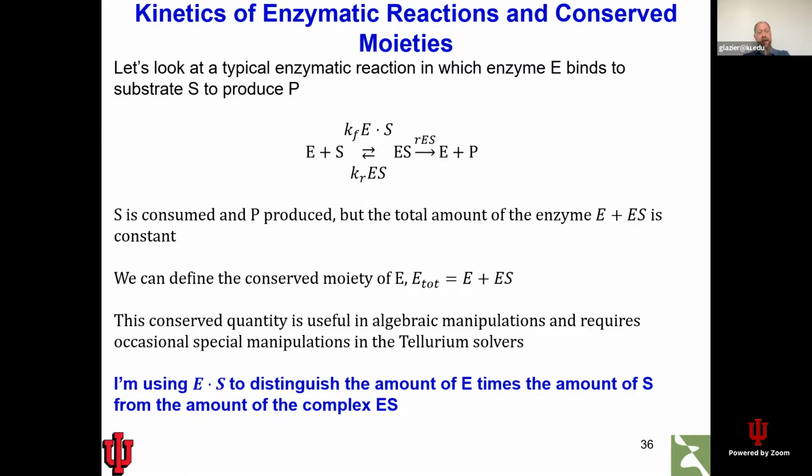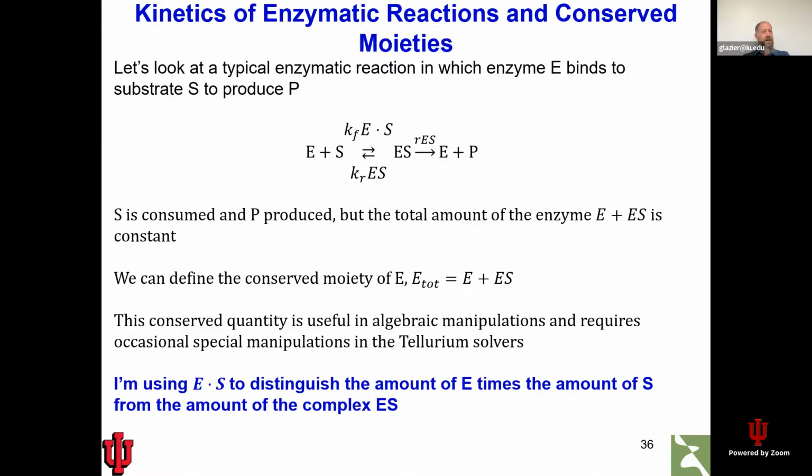The total amount of enzyme is conserved, which means that E plus ES has to be a constant. And this conservation law has a fancy name, which is a conserved moiety. And why does it have this fancy name? Well, because ES has E hiding inside of it, right? ES is not the enzyme, it's a complex.